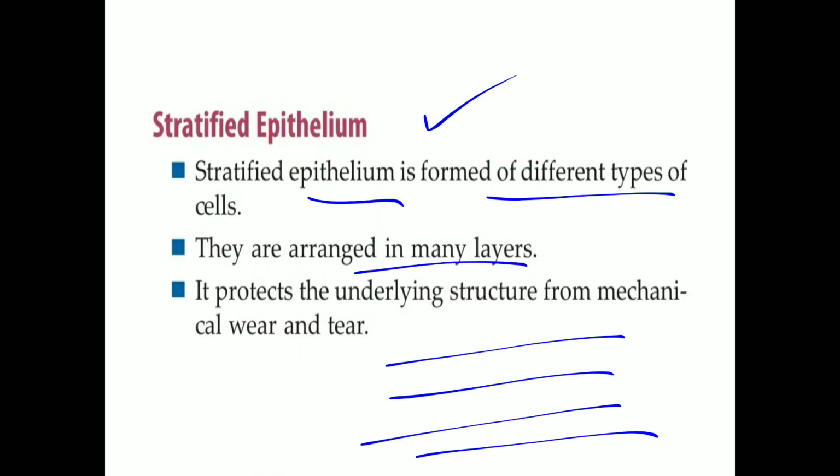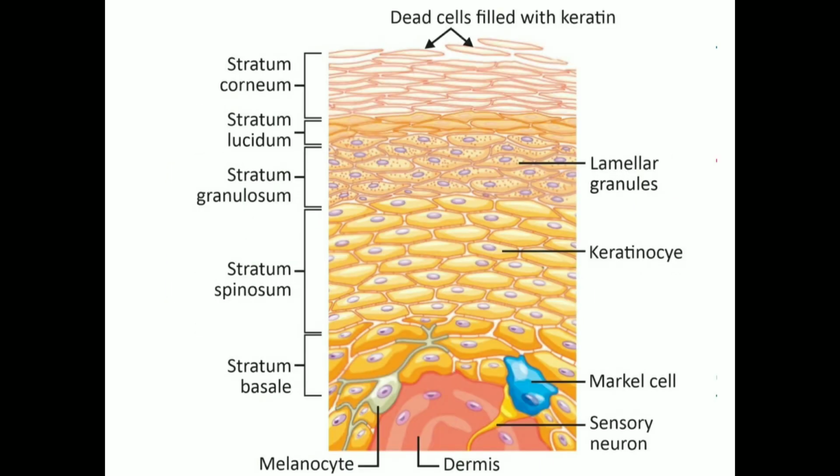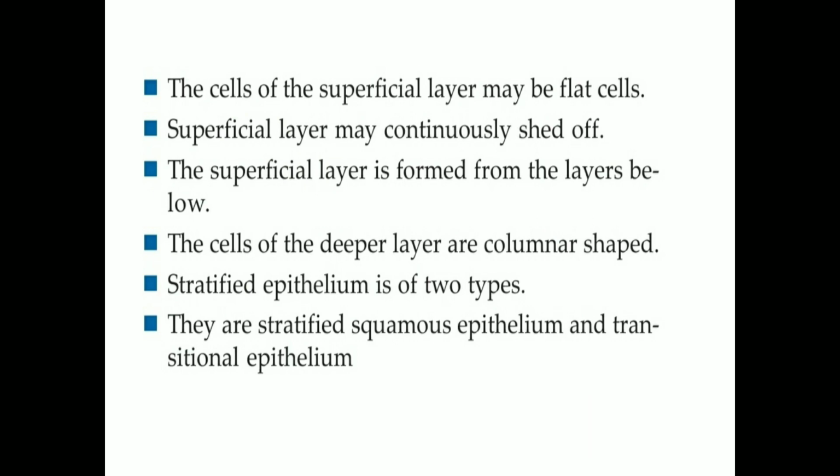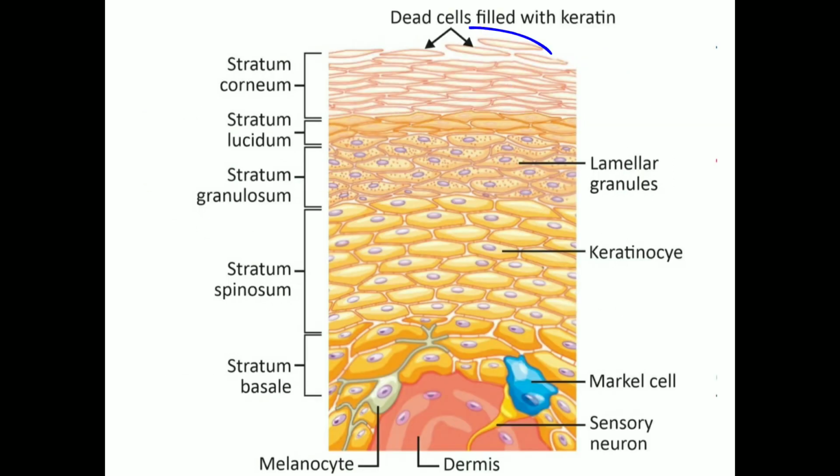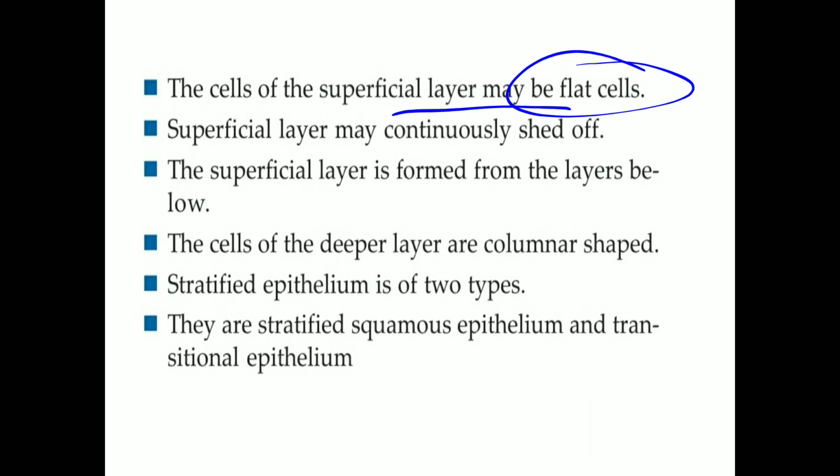There are many layers. It protects the underlying structures from mechanical wear and tear. It is present in all those areas that are subjected to mechanical wear and tear. The cells on the superficial layer may be flat cells, and there may be dead cells, and they shed off continuously.